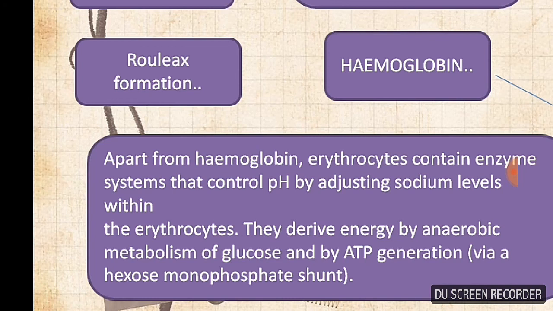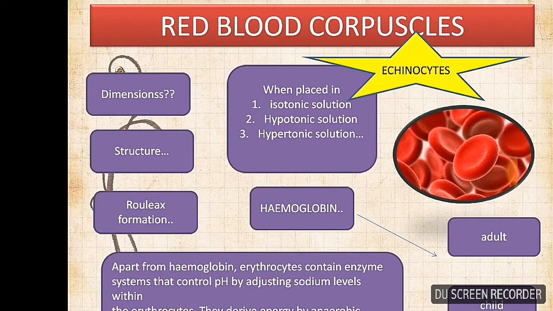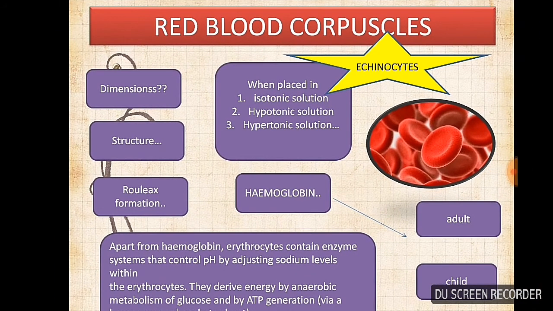Fine. So this is all a brief, and we all know that if there is a deficiency of the hemoglobin pigment or the number of RBCs, then obviously it will lead to a deficiency, that is anemia. If it is more, then it is erythrocytosis.